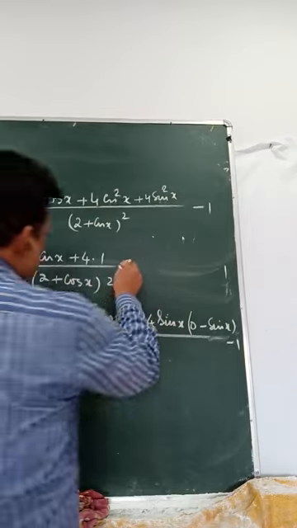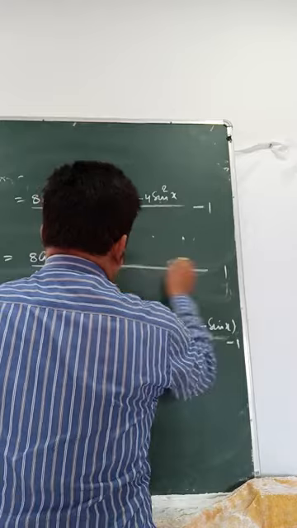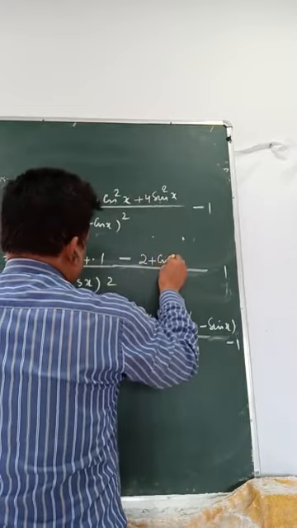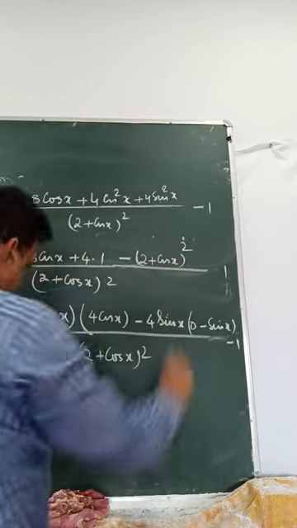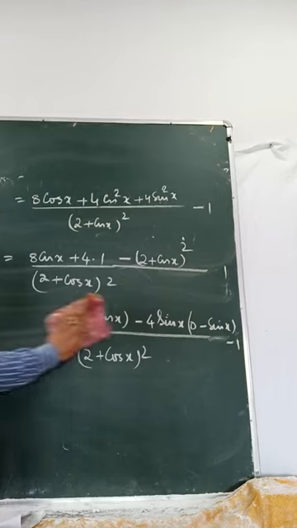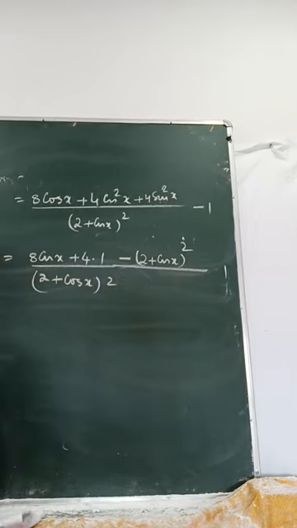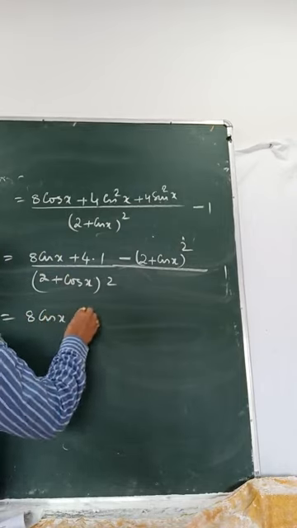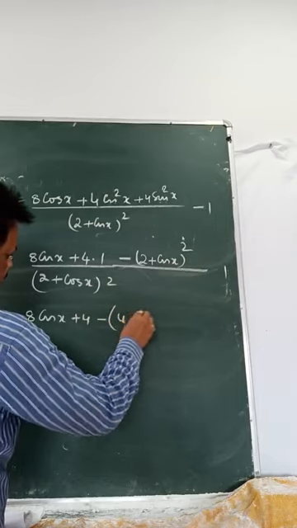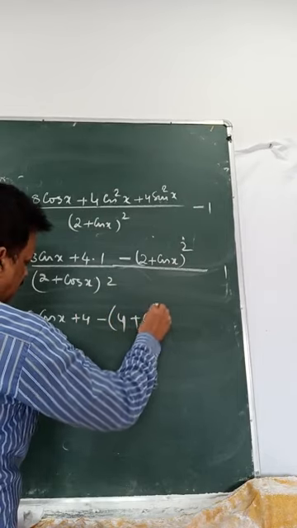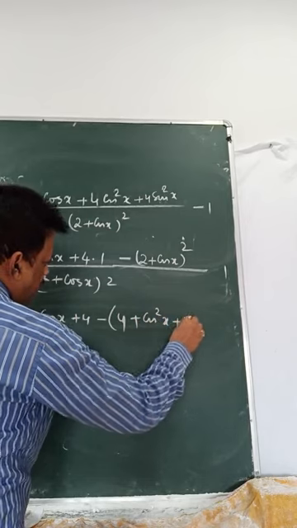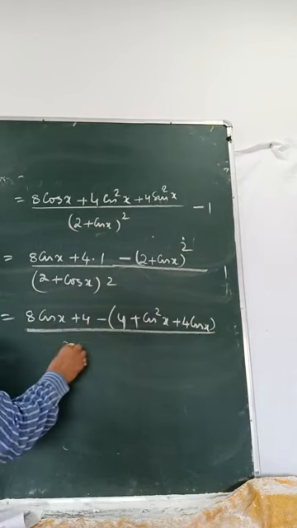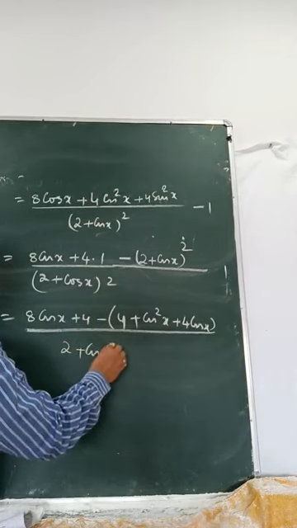Minus, this I have to multiply by 2 plus cos x whole square. So I have taken the LCM. So you will get 8 cos x plus 4 minus 4 plus cos square x plus 4 cos x, divided by 2 plus cos x whole square.